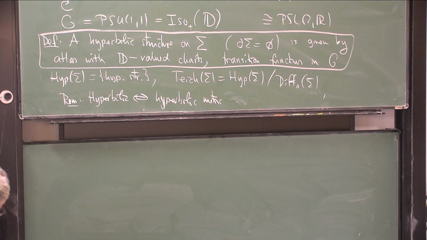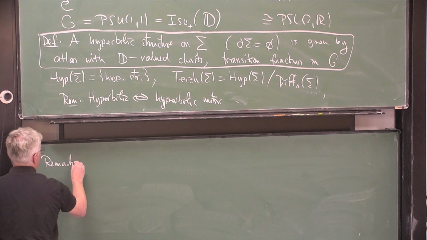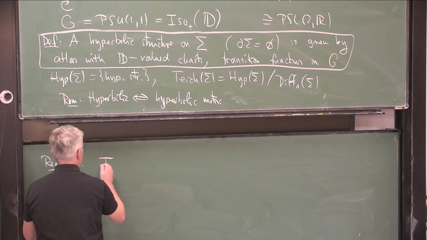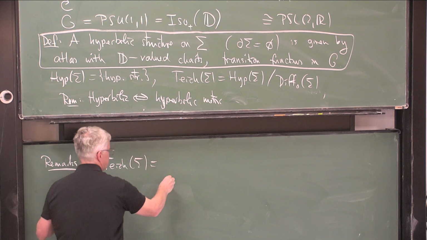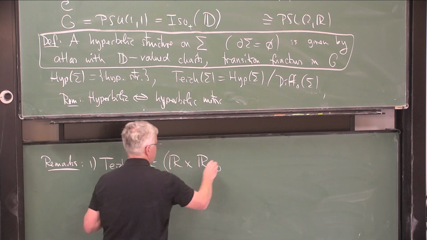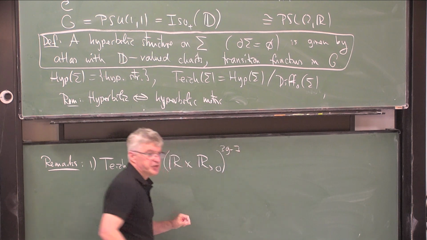So some basic remarks. First of all, the Teichmueller space is just R times R_+ to the power 3g minus 3 by Fenchel-Nielsen coordinates.